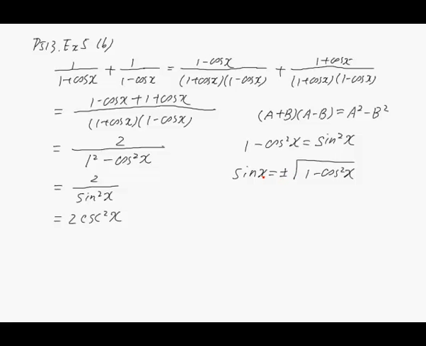It depends on the position of this angle x. If x is in the first or the second quadrant, we know sine x is positive. Then you take the positive sign. If x is in the third or the fourth quadrant, then sine x is negative. Then you take the negative sign.